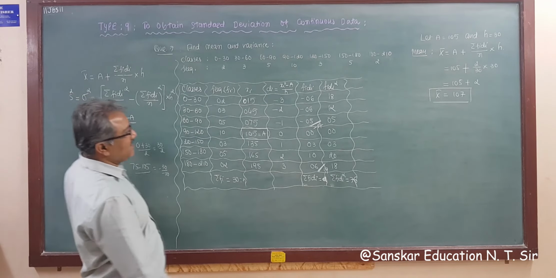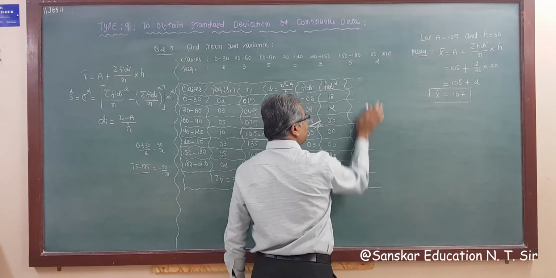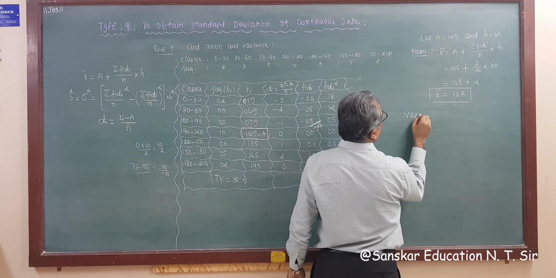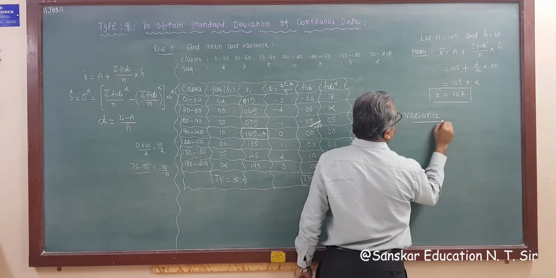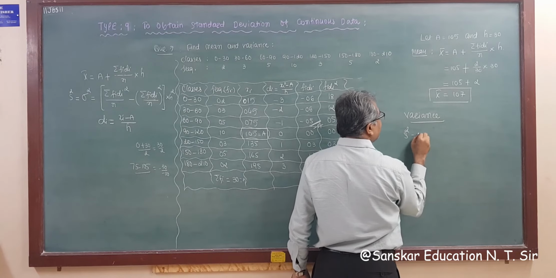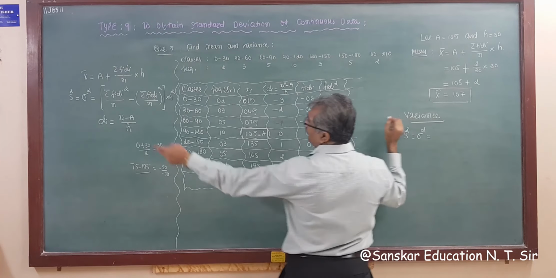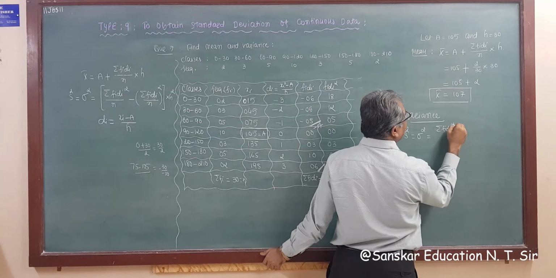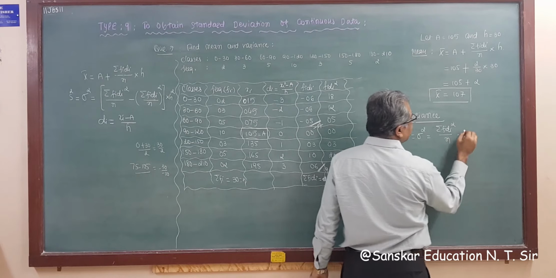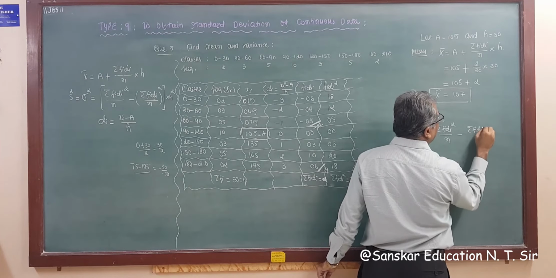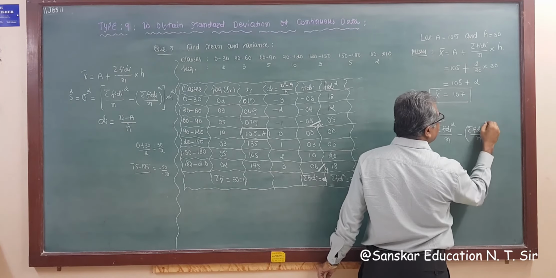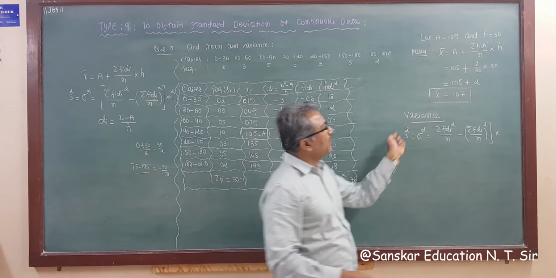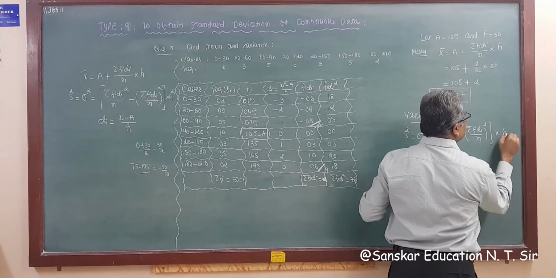So now for variance, no need of this now, right? This is over. So variance, either S square or sigma square, is equal to, the formula is sigma fi di square upon n minus sigma fi di upon n whole square into, since we are writing variance, you have to make a square of this also, so this is h square.